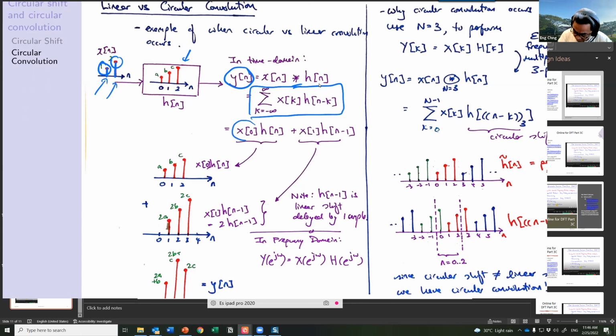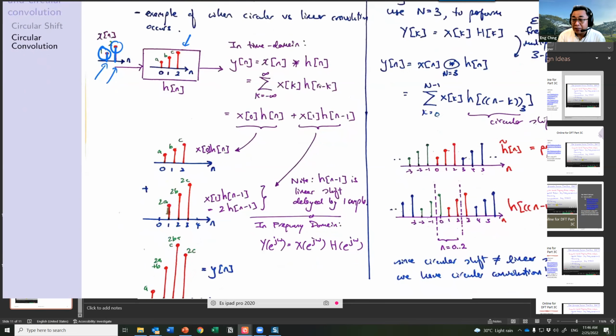So I have x0 multiplied by the impulse, and the delayed version of x1 multiplied by the delayed version of the impulse. That's it. So from here to here, you can see what's happening. Now, where's the problem?